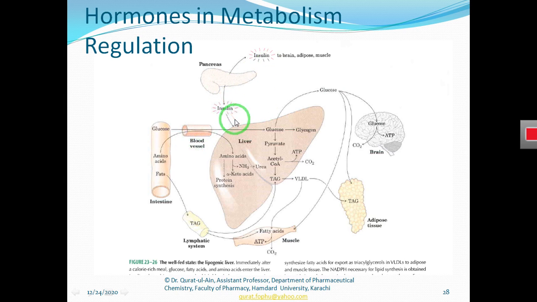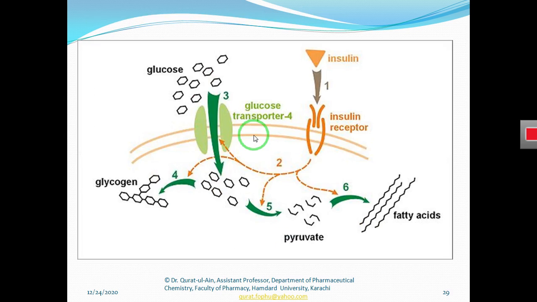Insulin binds with its receptor, and then it allows glucose to enter the cell. Here we can see insulin binds with the receptor, and then the glucose transporter allows glucose to enter the cell.